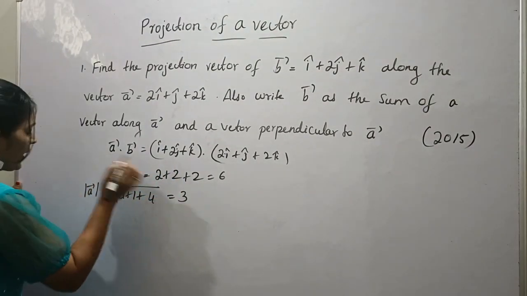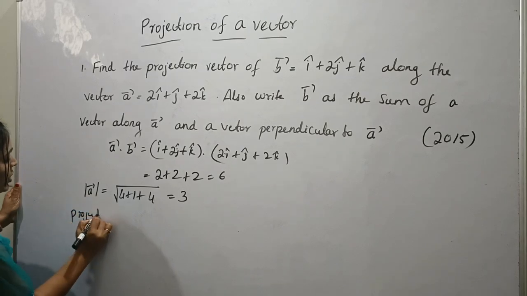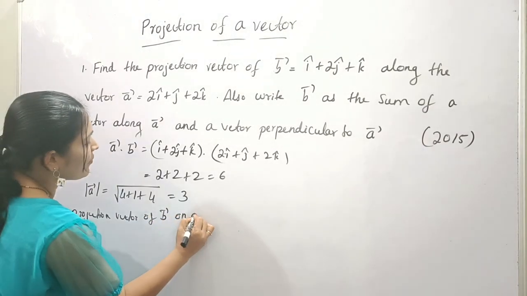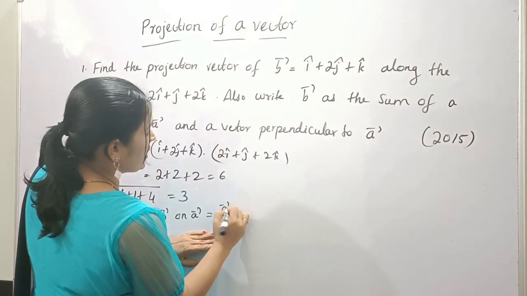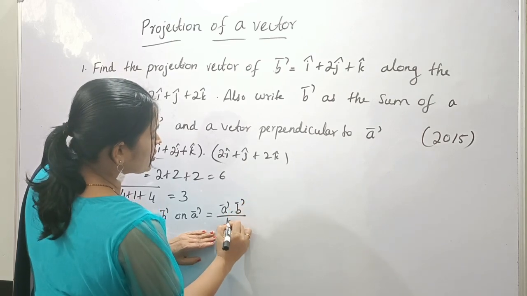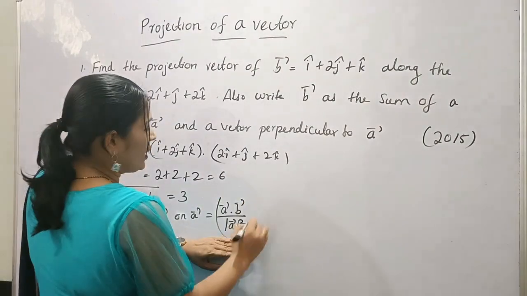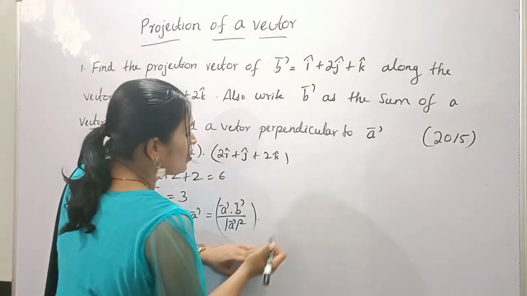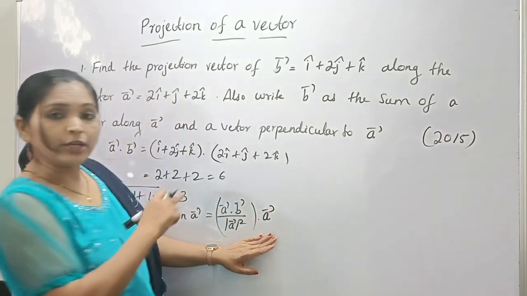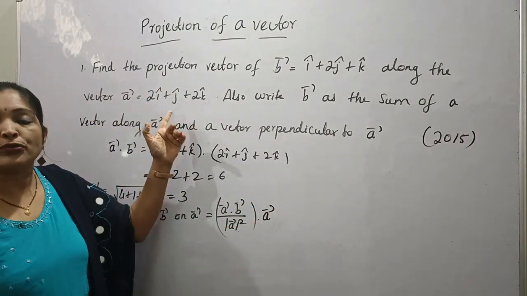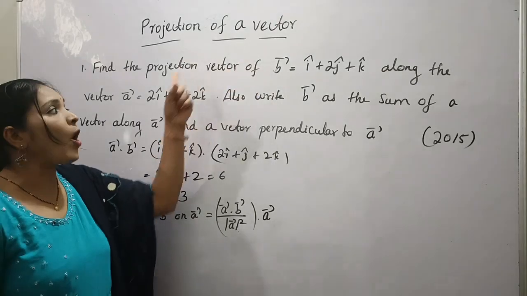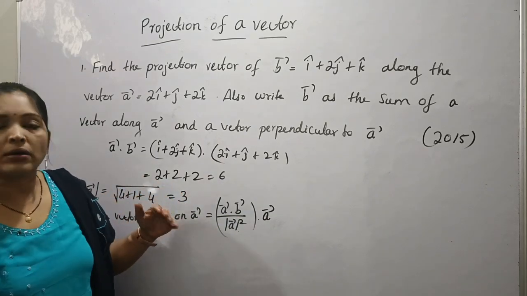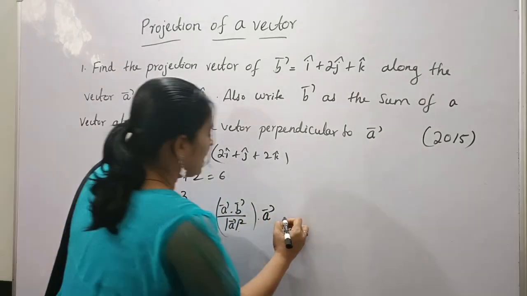Let's find the projection vector of vector B on vector A. It is equal to vector A dot vector B divided by modulus of vector A squared, into, not scalar product, because it's a scalar quantity, into vector A, because here we are going to find the projection vector of vector B on A. Therefore it is vector A, because this vector is along vector A. So what is this?